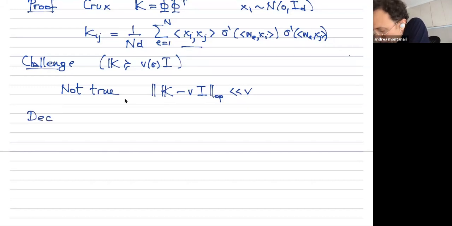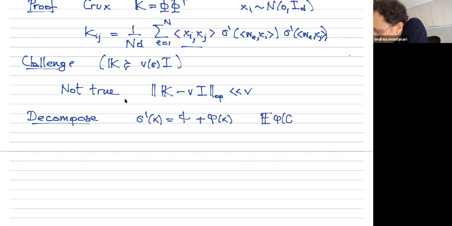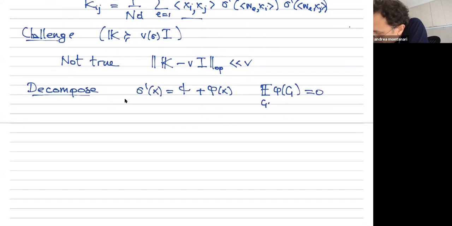So one has to do a little bit more work and identify some large eigenvectors or potentially large eigenvalues. To do this, first of all, we decompose the activation function as sigma prime of x equal to psi plus phi of x, where phi is an orthogonal decomposition, so its expectation is 0, with respect to g normal 0, 1.